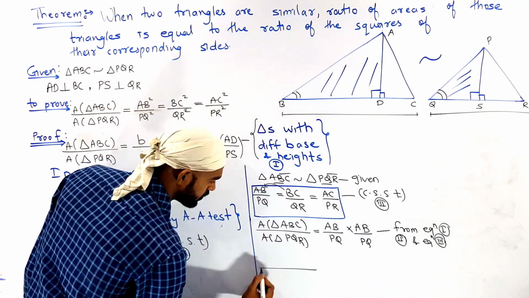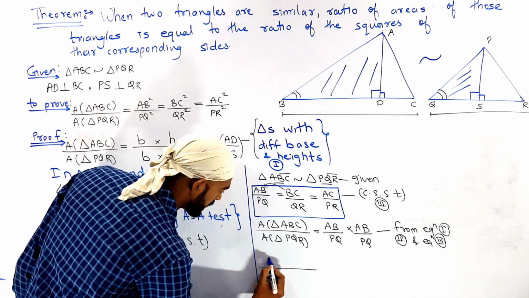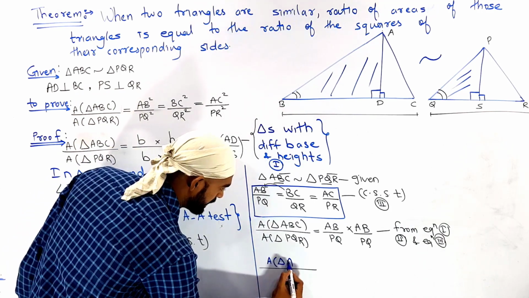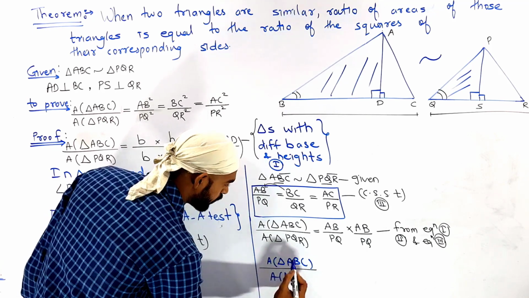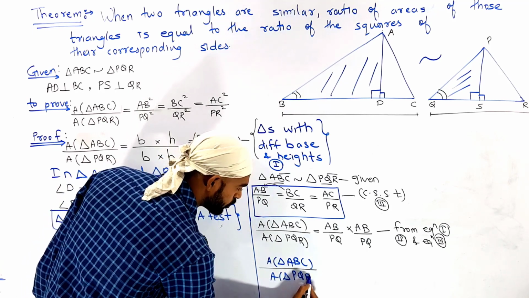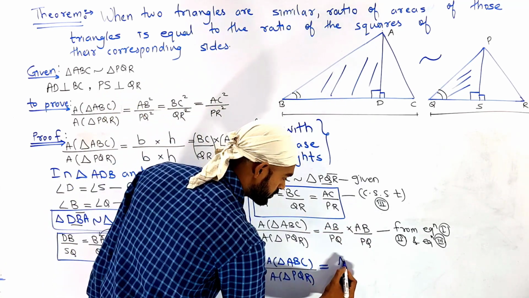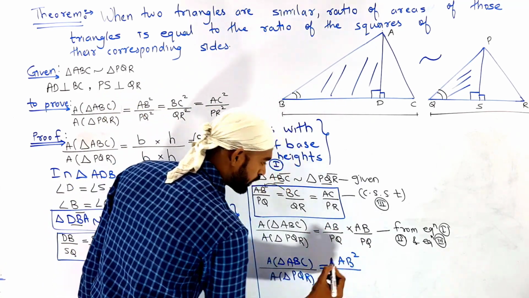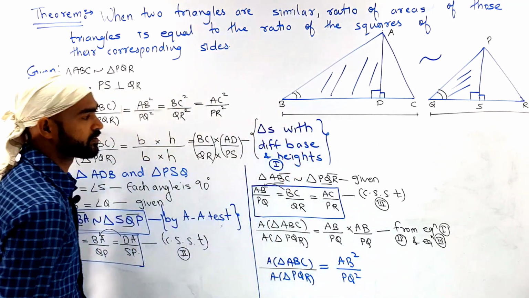Now at last we can simply write area of triangle ABC upon area of triangle PQR is equal to AB into AB, AB square, upon PQ into PQ, PQ square.